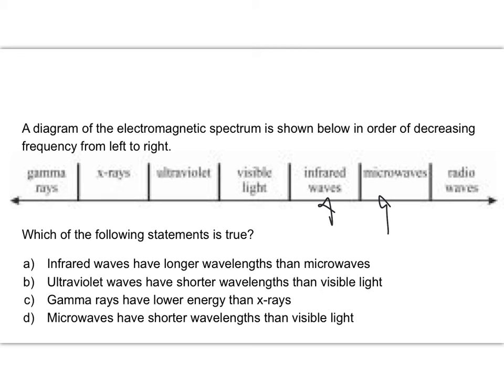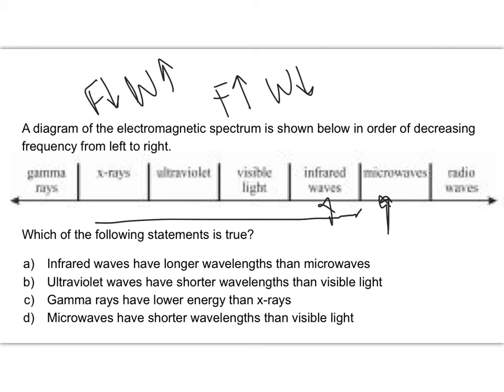Well, because frequency and wavelength are related, if the frequency goes up, the wavelength goes down. If the frequency goes down, the wavelength goes up. So since the frequency is going down from left to right, that means the wavelength is going up. So that's not accurate.